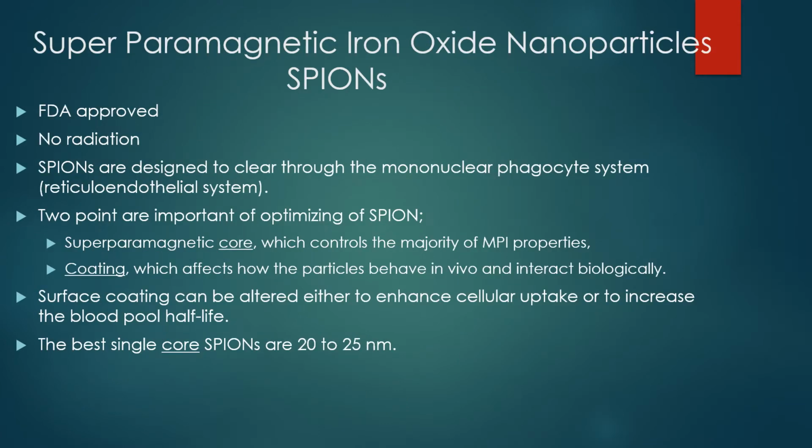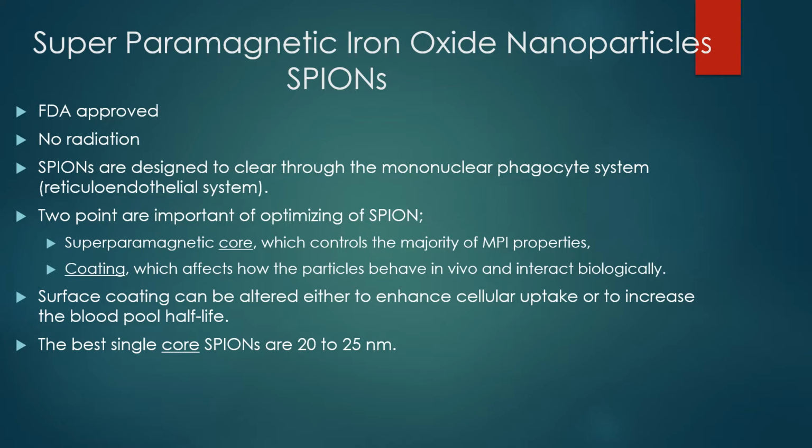So the MPI method has two main parameters. One of them is superparamagnetic iron oxide nanoparticles, and the second one is the MPI device. Now here I explain about the superparamagnetic iron oxide nanoparticles. They are FDA approved and they don't have any radiation.